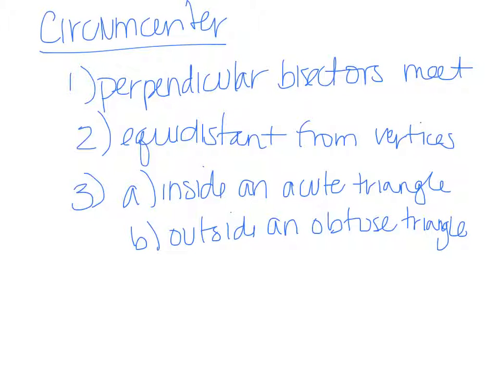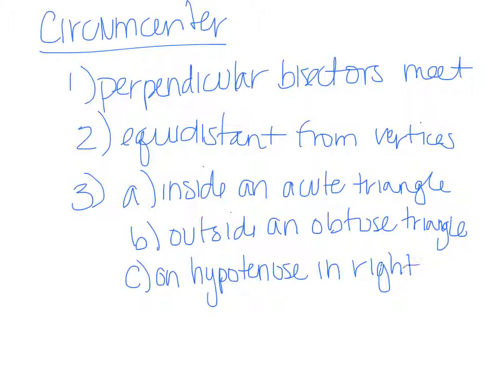And it's on the hypotenuse in a right triangle. Remember we said that sometimes the circumcenter was inside, sometimes it was outside. This is how you know which it is.